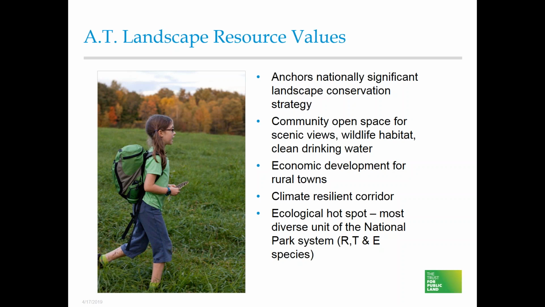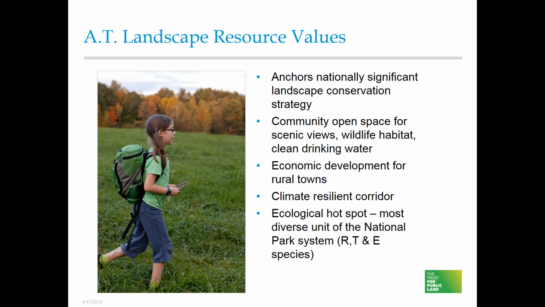Many towns are working on tourism strategies and recreation economy and how that can be a source of economic development and improved quality of life. And then, we all are working on how to adapt and deal with climate change as a new reality for our work. And we're going to show a slide in a second about how the Appalachian Trail is a really key climate resilient corridor for all of North America.